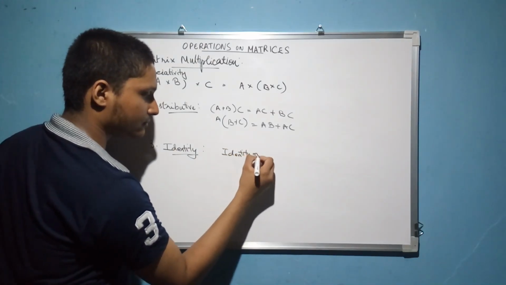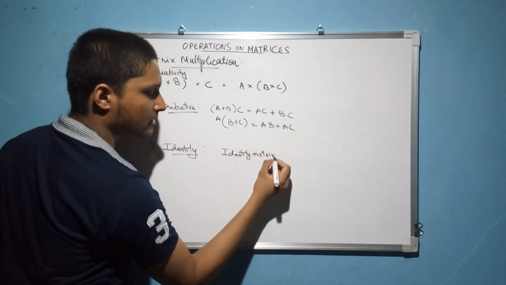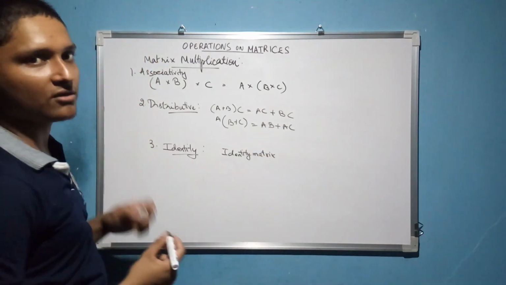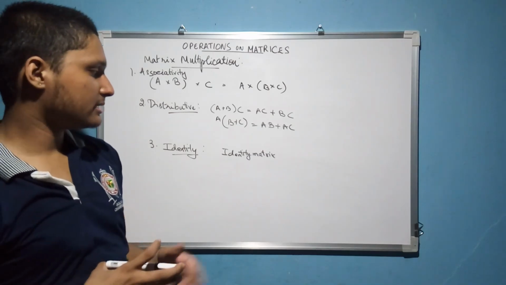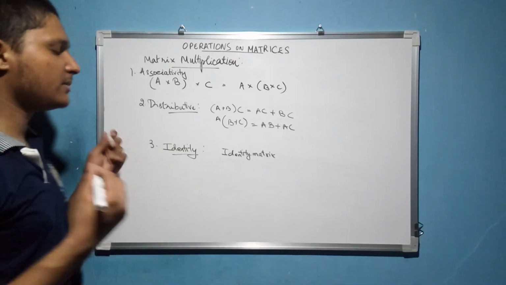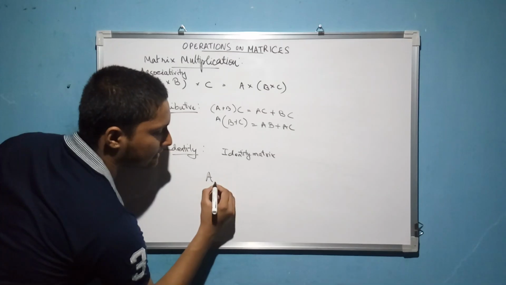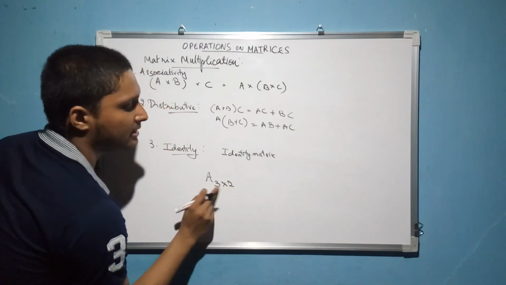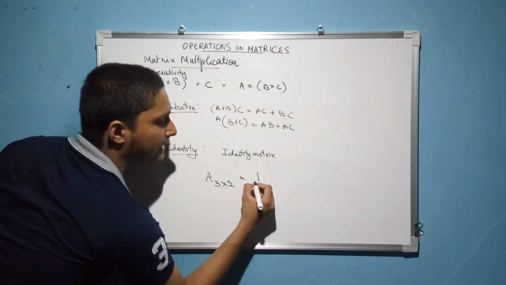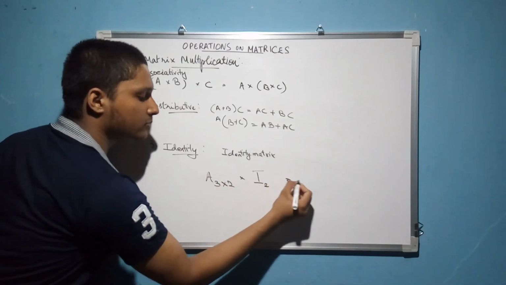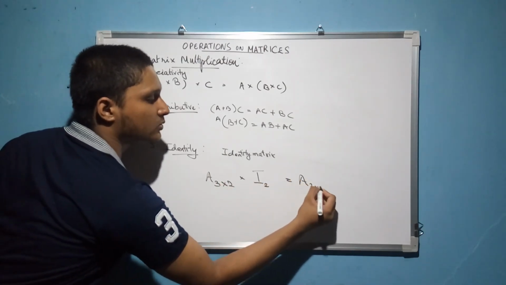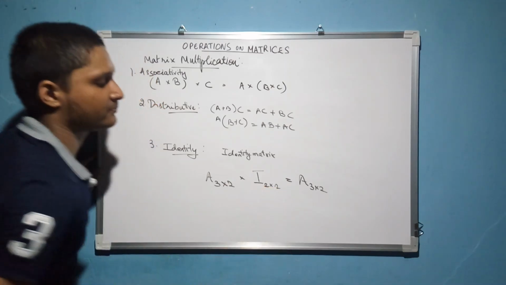Identity matrix, where it is a square matrix. I mean not the same order, it is considering the same order. So maybe I have A that is 3 by 2. Then what will be the identity matrix that makes it equal to A 3 by 2? It is 2 by 2.